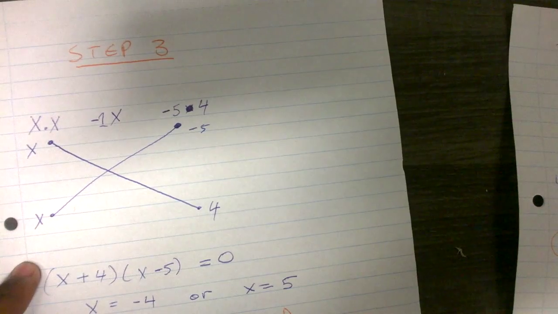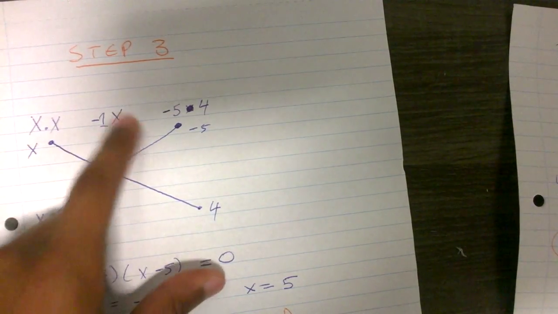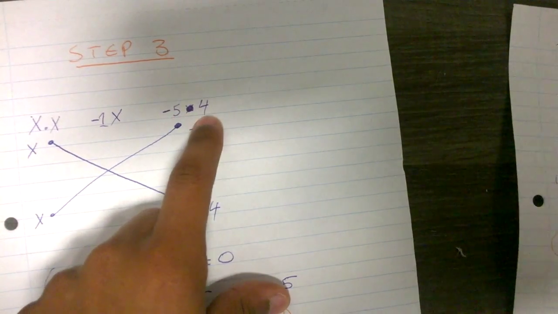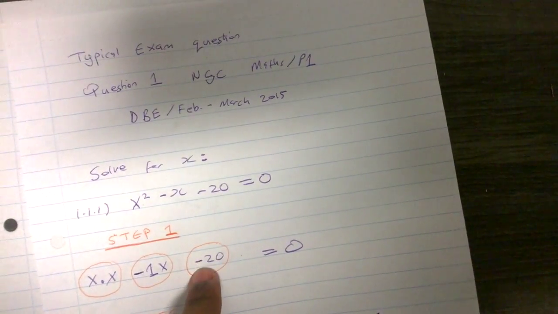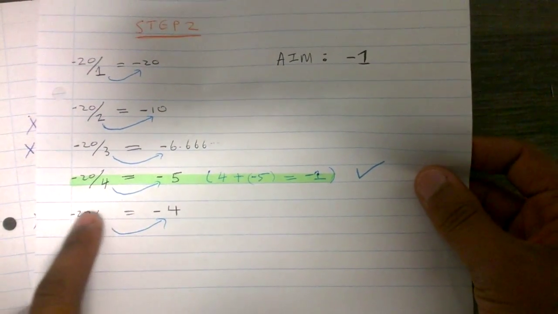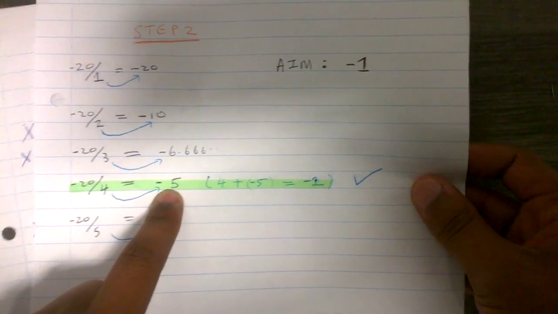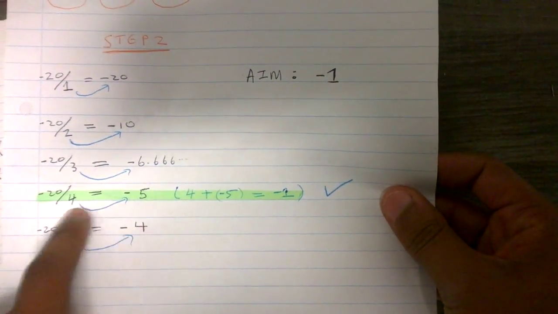So under step 3, you're going to rewrite this x times x, this middle thing, and then it's -5 times 4. Where did you get this? -5 times 4 is from 20. And how did you get this? From this 4. If you take it to the other side, it's going to be -5 times 4.